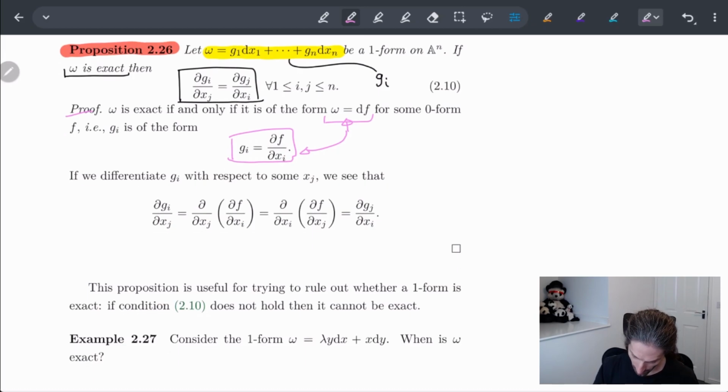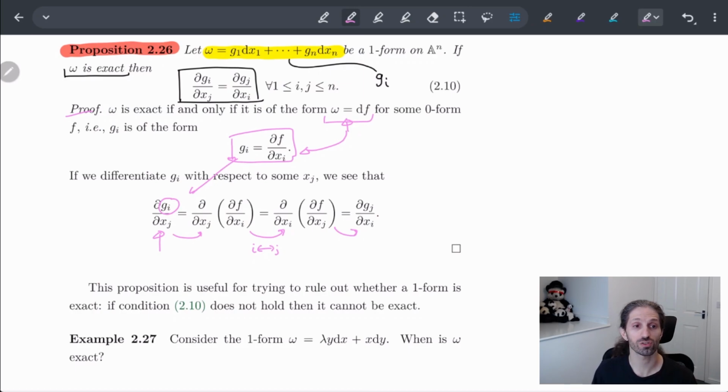So if I do another partial derivative with respect to something else, I can split this up. g_i, remember, is coming from here, so I can split this into two. Now here I can commute, so I can switch x_i and x_j. And now I go backwards and I see that this is giving me the exact thing. So we can show that this is true.